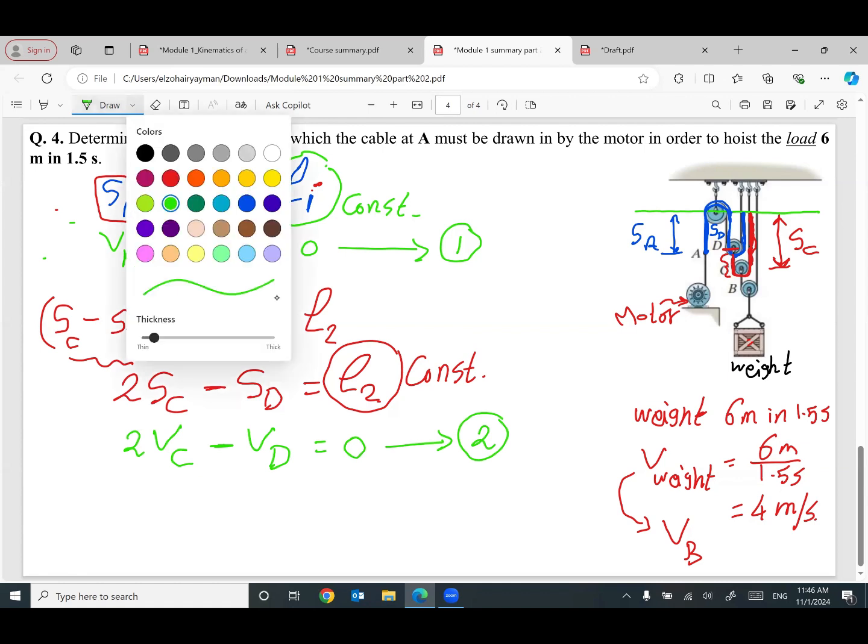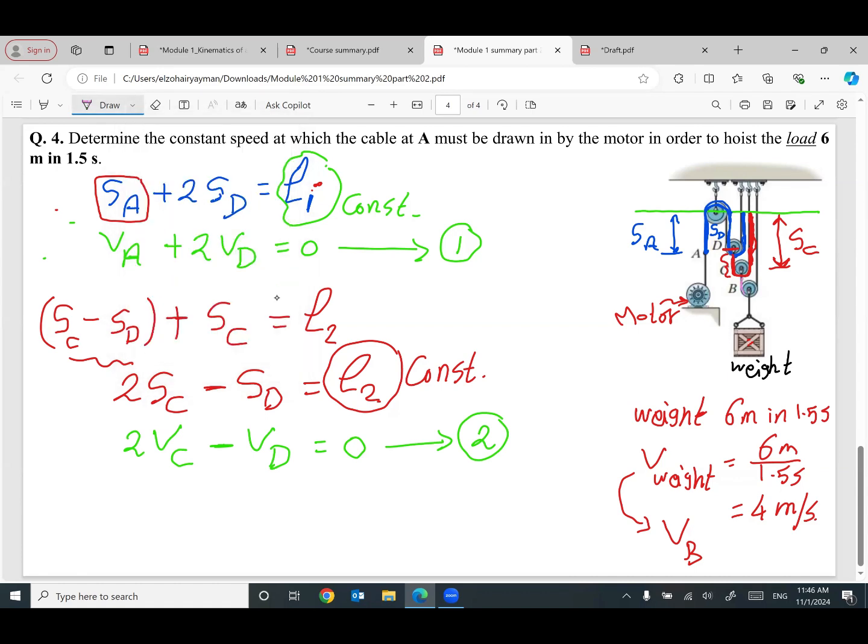One more. If you look to the pink cable, we have another cable here, the third one. The length of this pink cable is constant, L3. This value is constant. What are the components of the pink cable? Keep in your mind this distance from the datum, from the reference, equals SB.